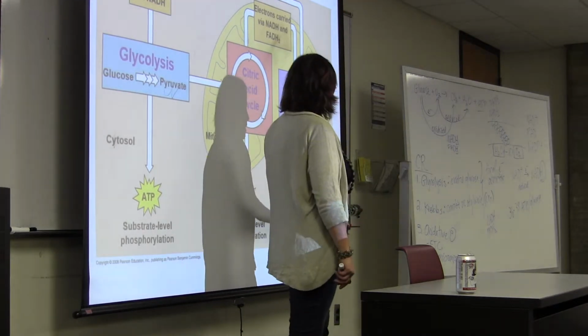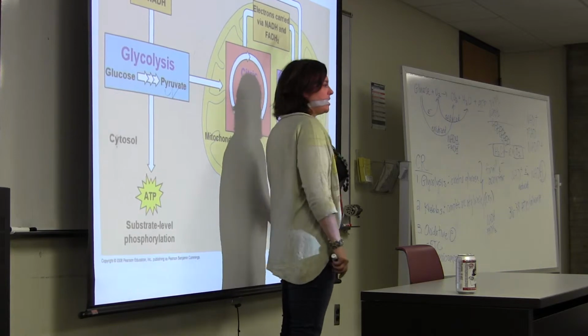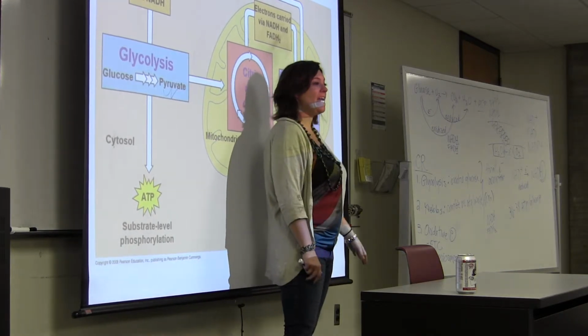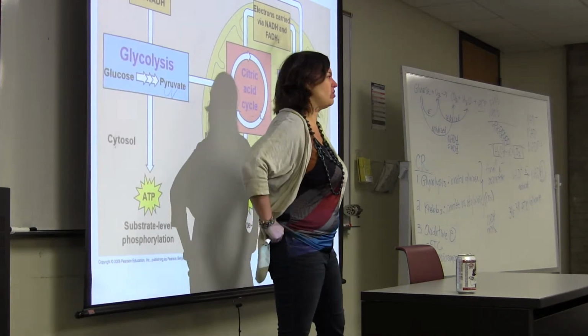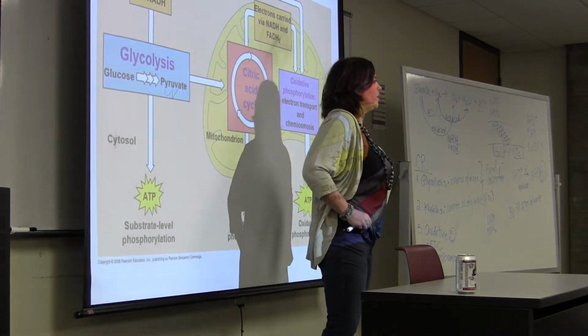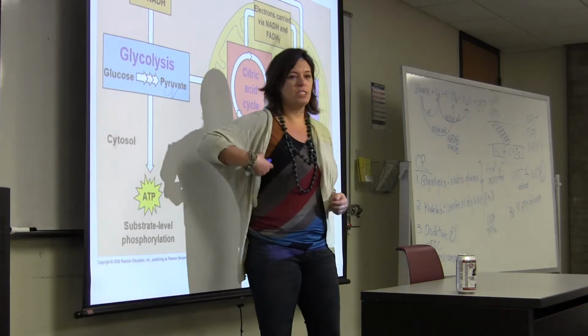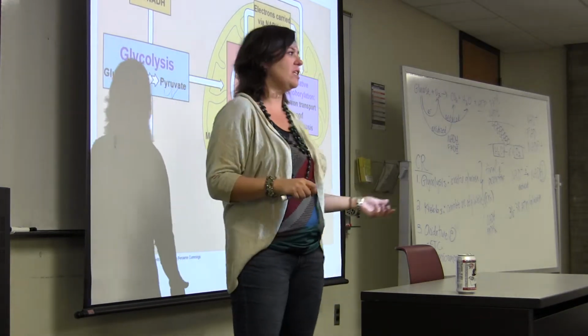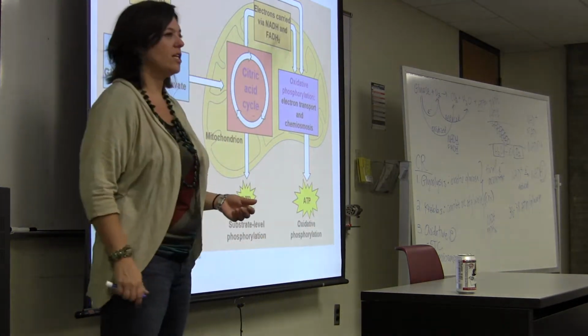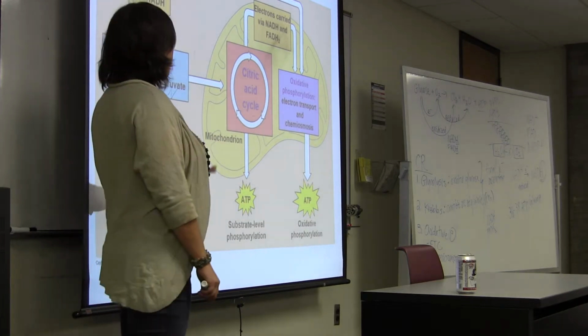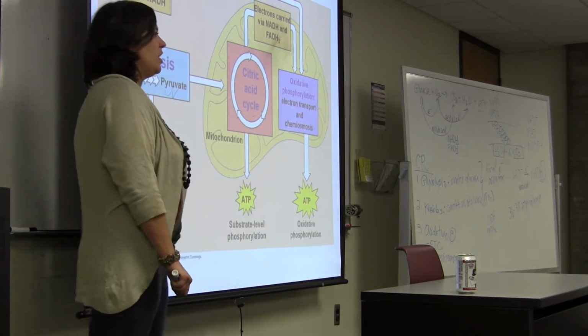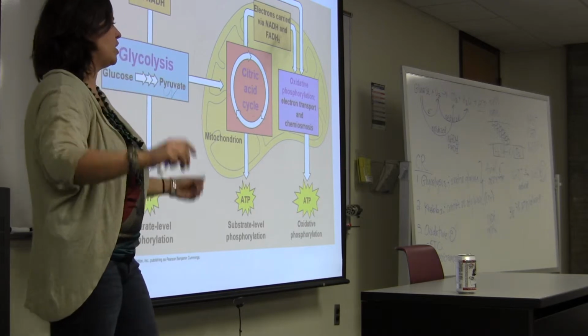And so this oxidative phosphorylation, these last two steps, this is where it's going to make 90% of the ATP generated in cellular respiration. So you make a little bit in glycolysis and a little bit in the Krebs cycle, but the majority of ATP is going to be made during oxidative phosphorylation. So consider this just kind of an introductory, showing you the big picture, but not a lot of detail.